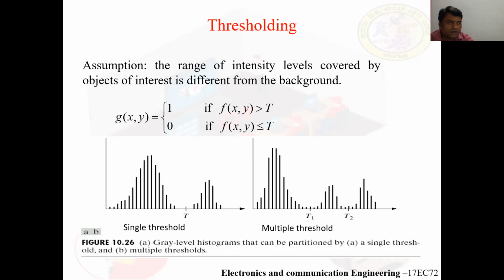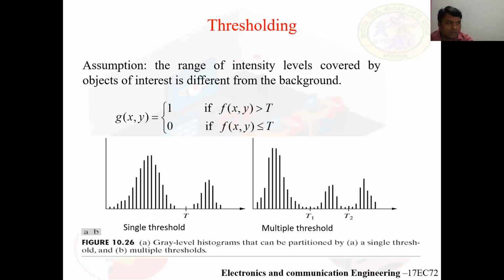Various factors are taken into consideration while deciding the threshold value, such as noise, illumination effect, reflectance, etc. Basically, T depends on f(x,y), p(x,y), that is pixel intensity at location x,y and neighborhood of pixels.